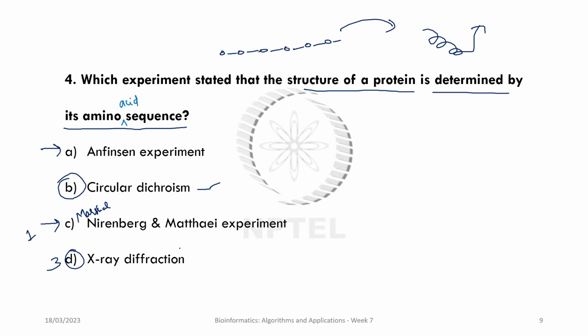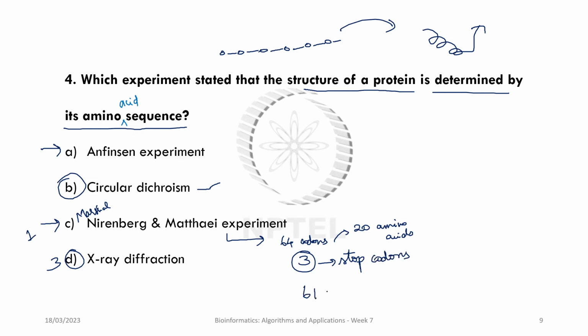So this was an experiment where they said that 64 codons are present, but only 20 amino acids are known, right? And they recognized three codons that stop the synthesis of proteins, also called stop codons.